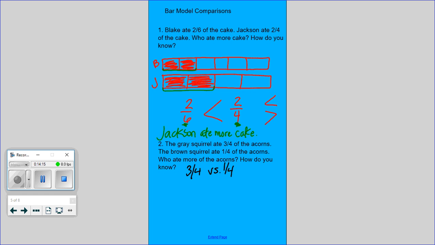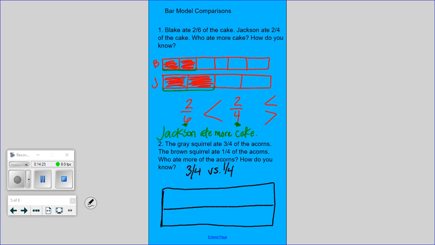Alright, so you should have 2 equal size bars drawn. Now, one should be labeled B, and one should be labeled G. Why is one labeled B and one labeled G? What does that mean, Caleb? The brown squirrel and the gray squirrel. Alright, the brown squirrel only ate 1/4.